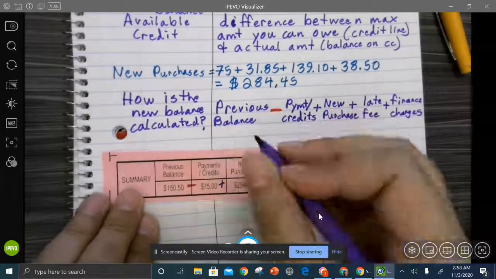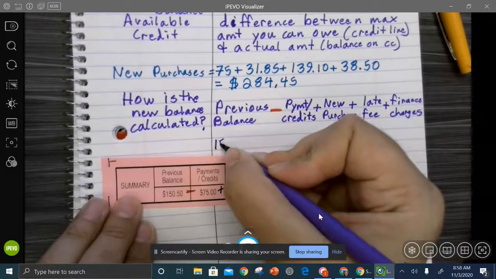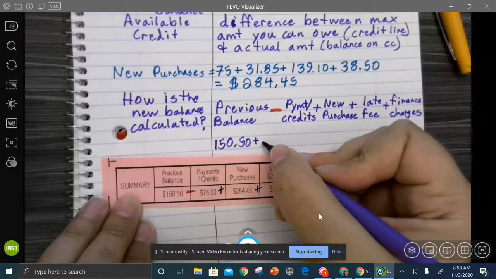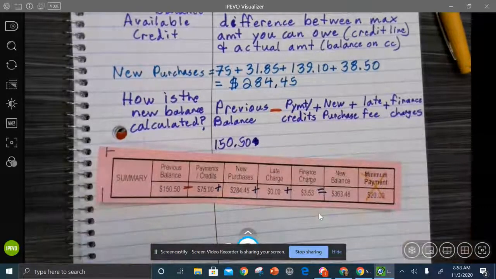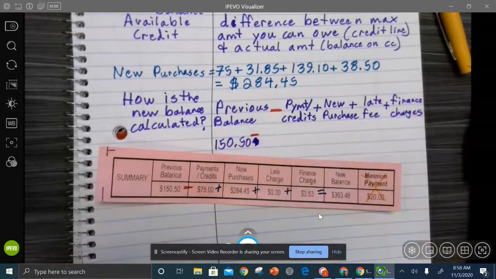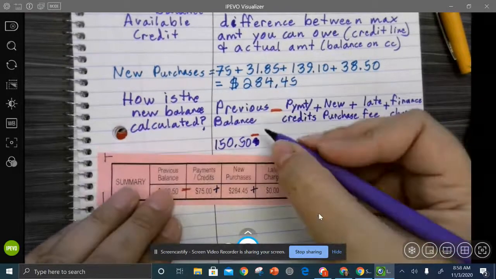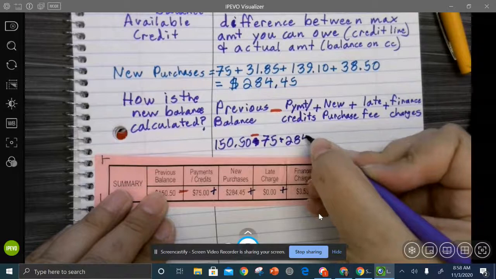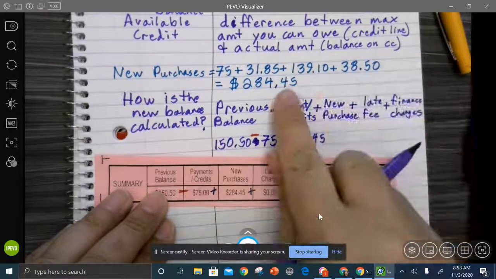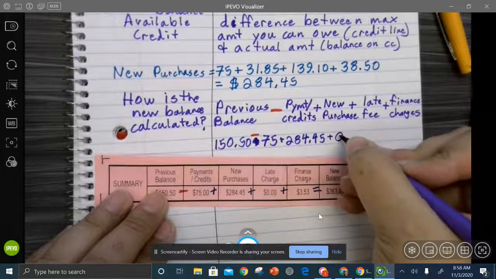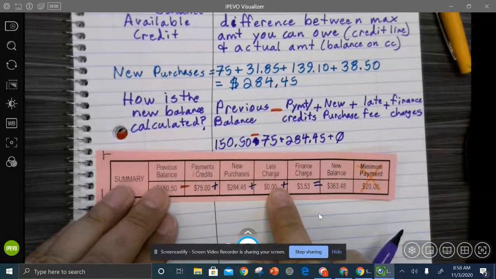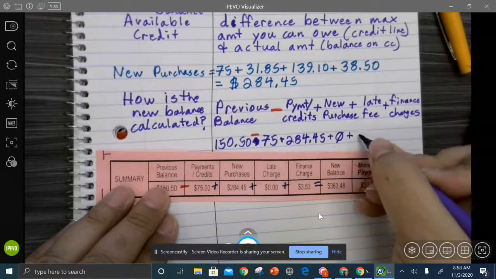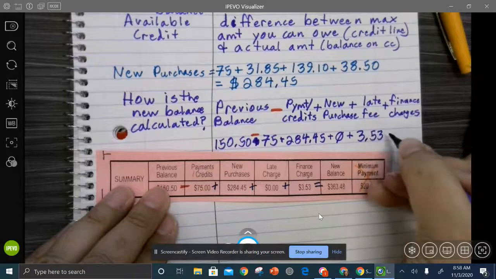So we're going to have $150.50 plus, actually, nope, everybody remember that's not plus, this is the one minus for payments and credits, so minus 75 plus the $284.45 that we got up here, plus there was no late fee for Jane Sharp, and her finance charge was $3.53.